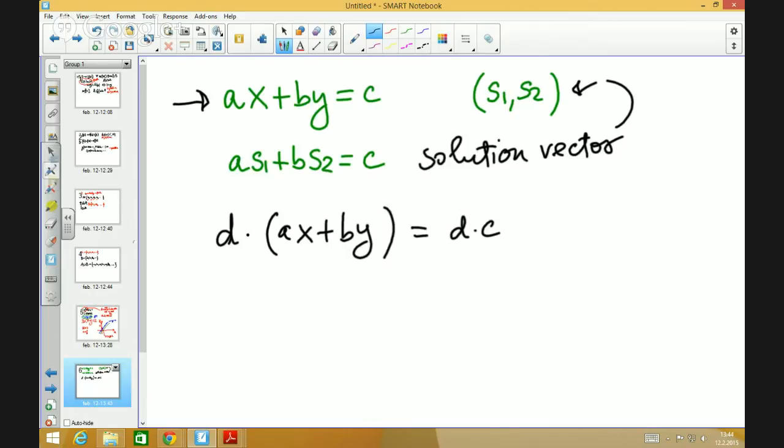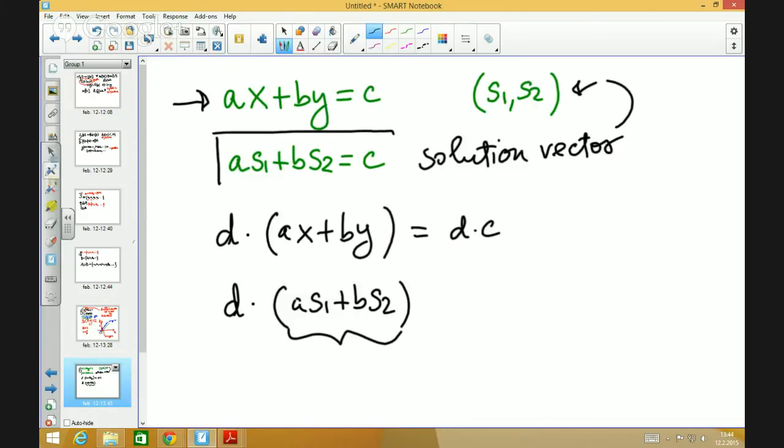Let's check it. I plug s1 for x and s2 for y. So what is it that I get? But hey, I've seen this thing before. What is it equal to? c. Bingo. (s1, s2) solves the equation, which is what I wanted to argue.